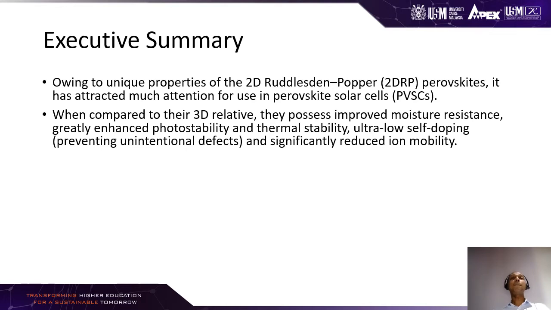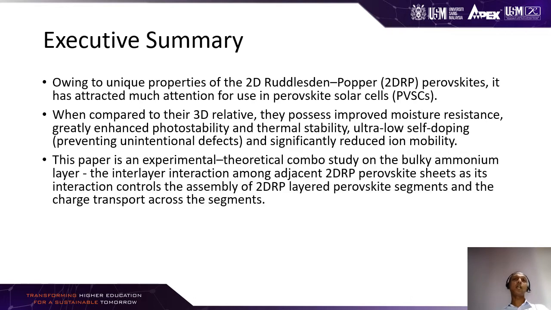When compared to their three-dimensional 3D relative, the 2DRP possesses improved moisture resistance, greatly enhanced photostability and thermal stability, ultra-low self-doping, preventing unintentional defects, and significantly reducing ion mobility.